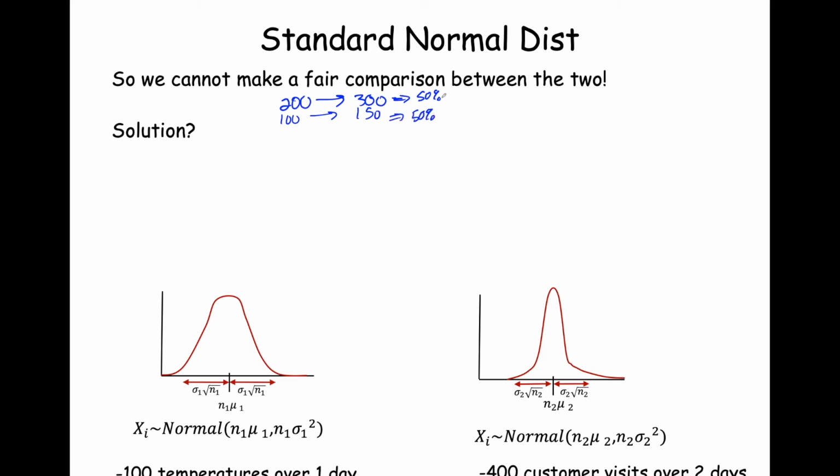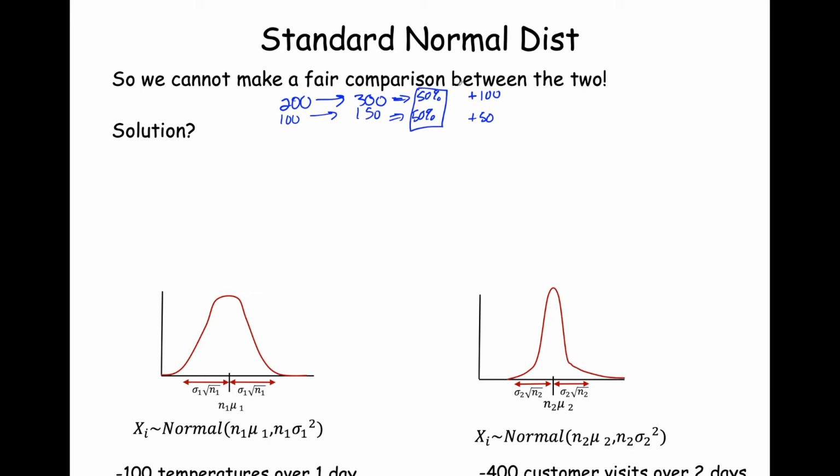And in casting them down to what the equivalent would be per 100, per centum, centum being the Latin for 100, we can make a fair comparison that their rate of increase was the same, even though in the first system it increased by a positive 100, and in the second system it increased by a positive 50. Yes, their increases are different, but their proportionate per 100% increase is the same.